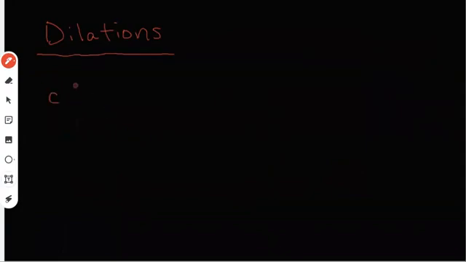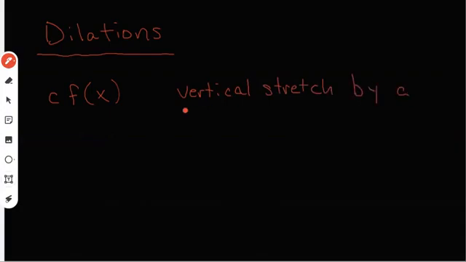So if you multiply f by a number, like let's say c, if you multiply by c, that's going to be a vertical stretch by a factor of c.